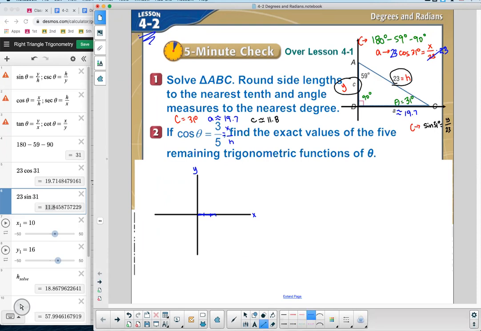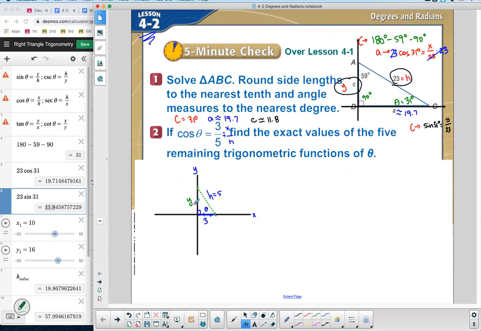So if they don't tell you what you're missing, whether it's positive or negative, we're just going to assume that the y is going to be a positive value. So here's what I have right now. X is 3, the h is 5. Here's my right angle, and this would be my theta. We don't know why, but we're just going to assume it to be the positive value since they didn't say anything else, any extra pieces of information.